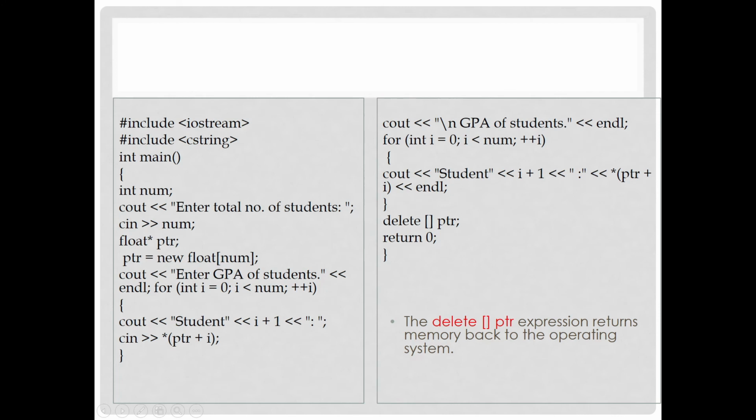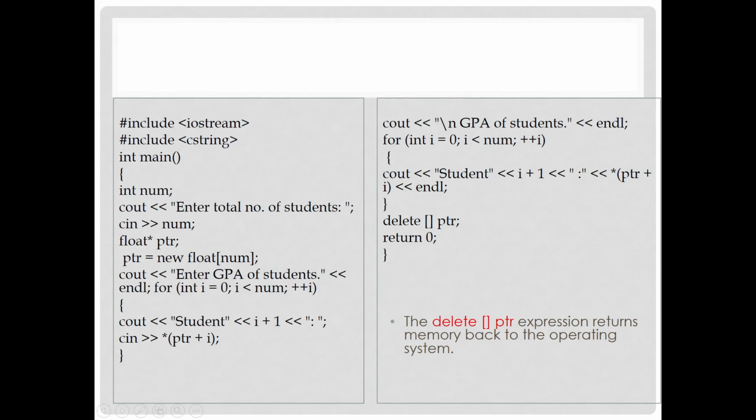And then immediately you are calculating the GPA of students using a for loop. For every student you are getting the value and you are displaying them. So you can see a keyword called new, which means it is dynamically allotted for that particular time. Okay, so what does delete ptr do?